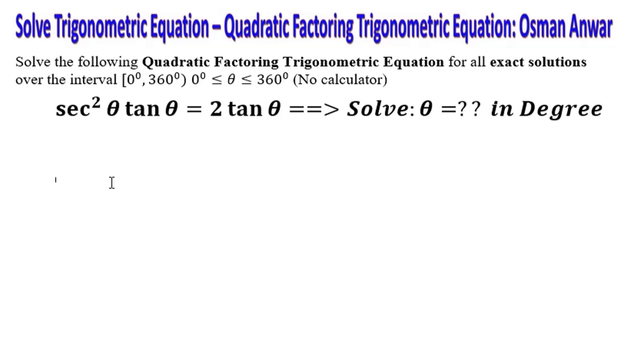Then you solve for secant squared theta equals 2. You can do that in algebra but not in trigonometry. If you do that in trigonometry, you will lose part of the solution. And part of the solution is tan theta equals 0. And we'll see what that means.